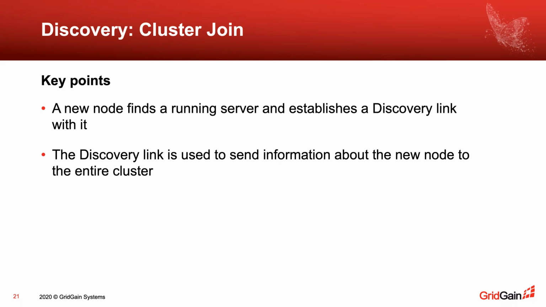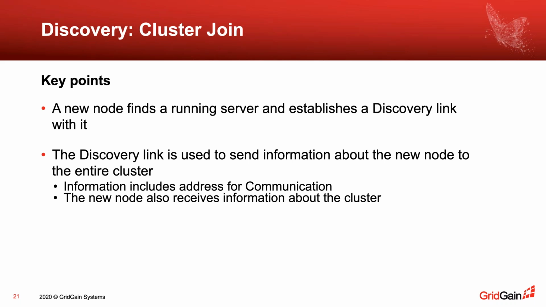Then the special discovery link is used to exchange system level messages between the new node and the cluster. That information includes the addresses which will be used for communication and which will be used to send the messages with actual user data later.